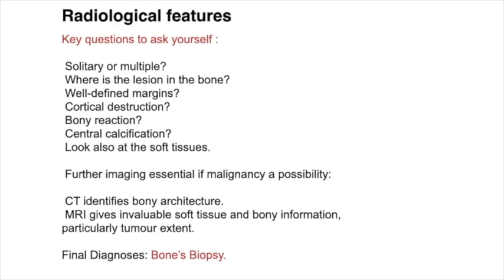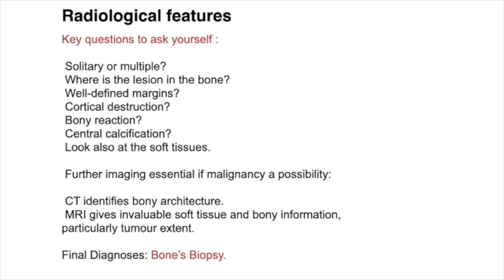But we have other studies that can help you. CT scan can identify bony architecture, and MRI can give you invaluable soft tissue and bony information, particularly the tumor extent. And for the final diagnosis, like I said, it's a bone biopsy.